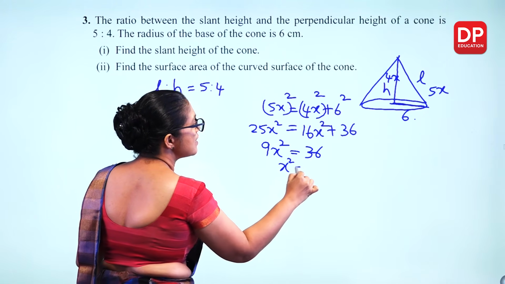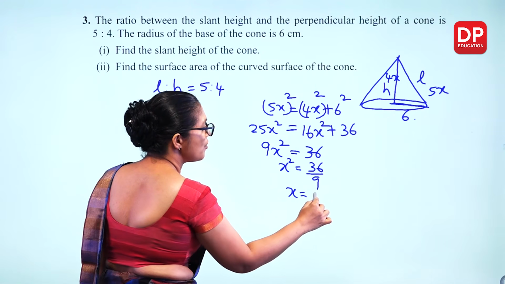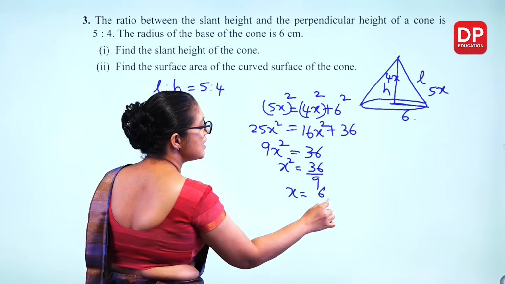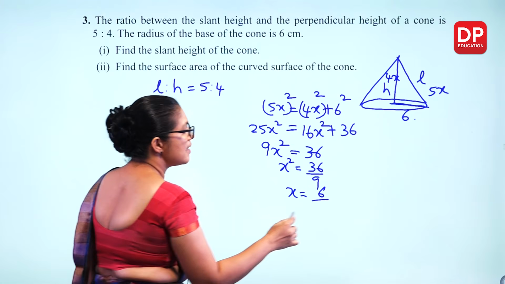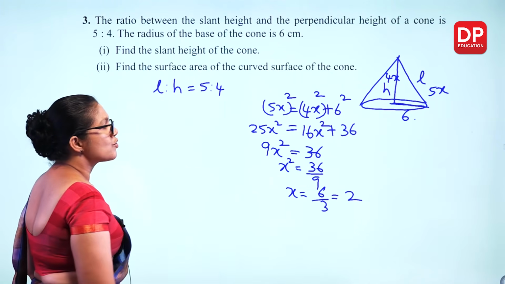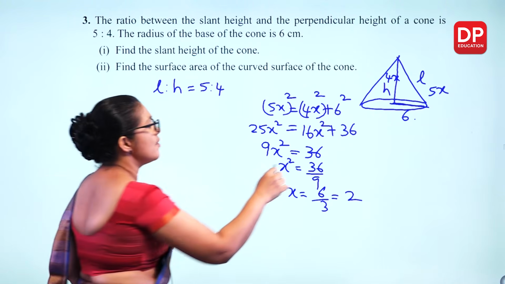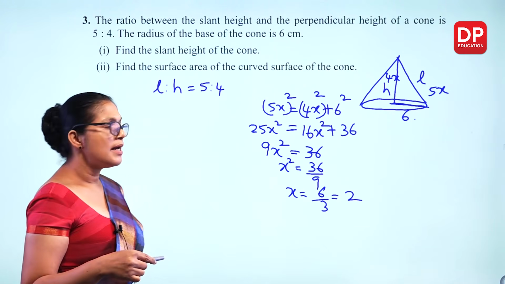x squared is 36 over 9. When you take the square root, the square root of 36 is 6, the square root of 9 is 3, so you get 2. Here we get plus or minus, but we consider only the plus value.